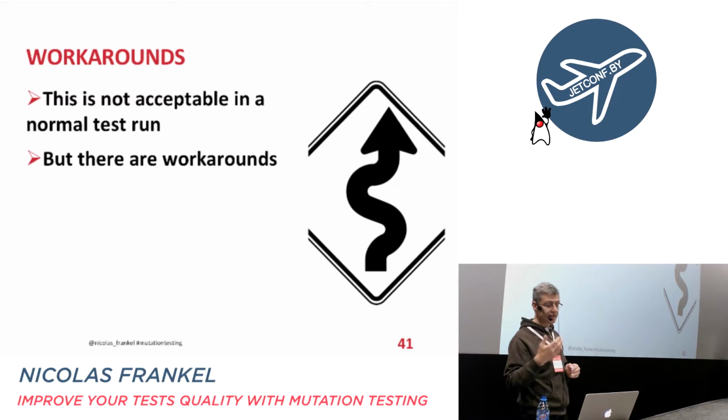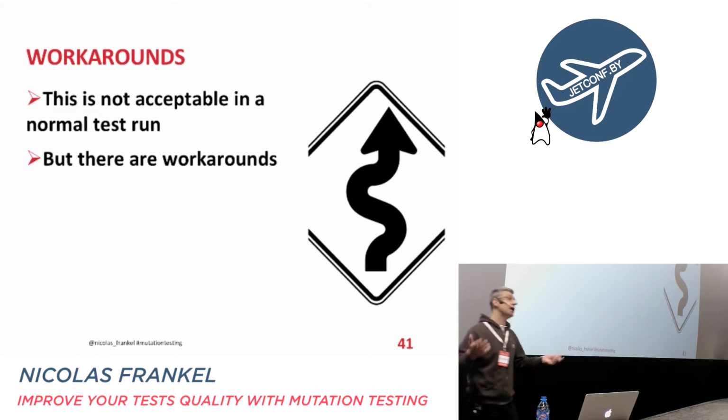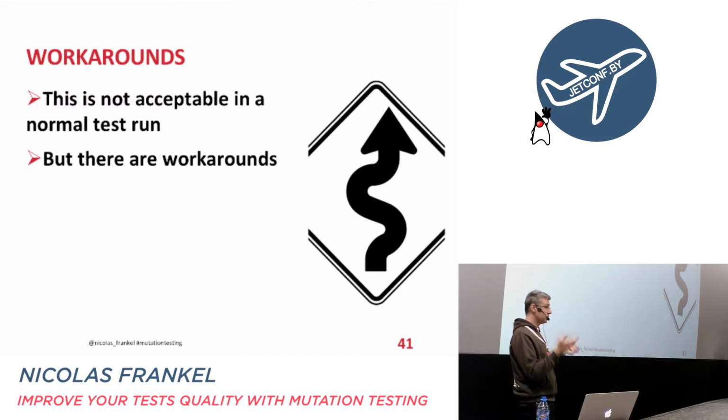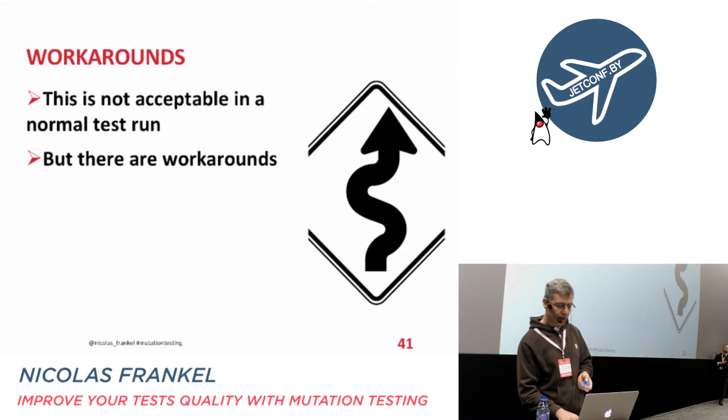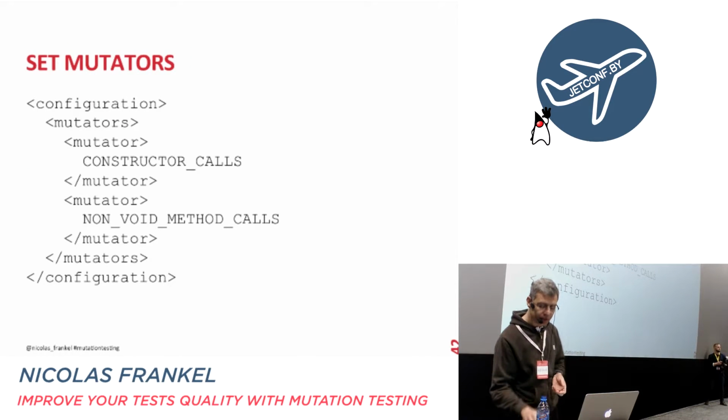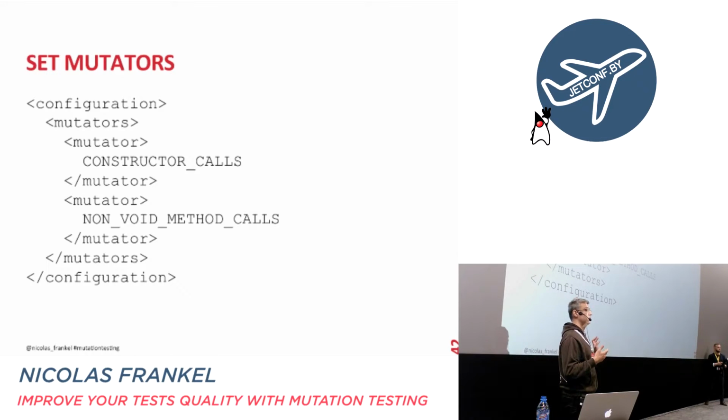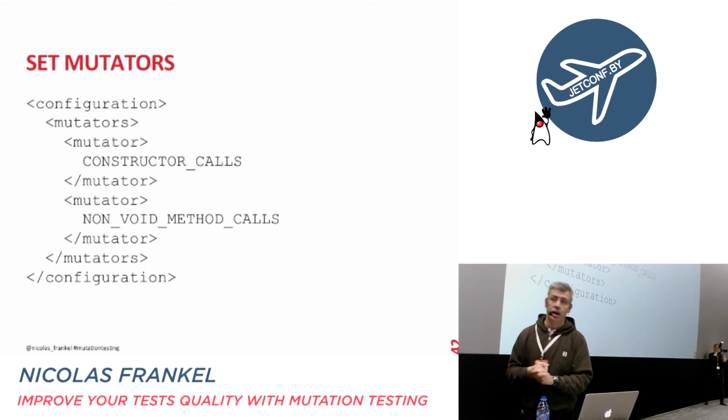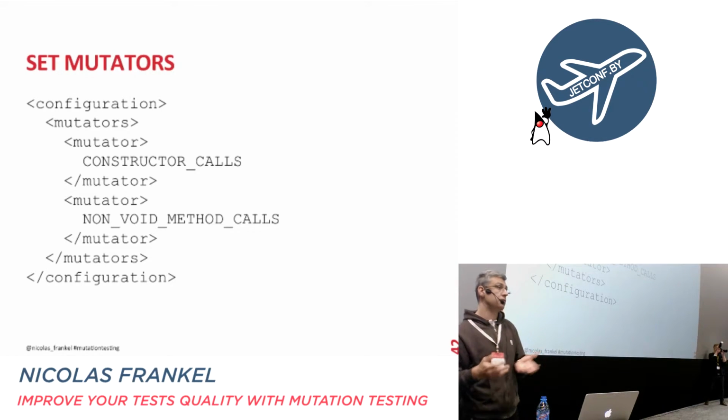Of course, this is not acceptable in a normal test run. But again, I give you a problem, I try to give you solutions. So there are workarounds around that. Basically, you can limit the mutators that are applied. You can say, I will only use this and this mutator. This is great to reduce the time.